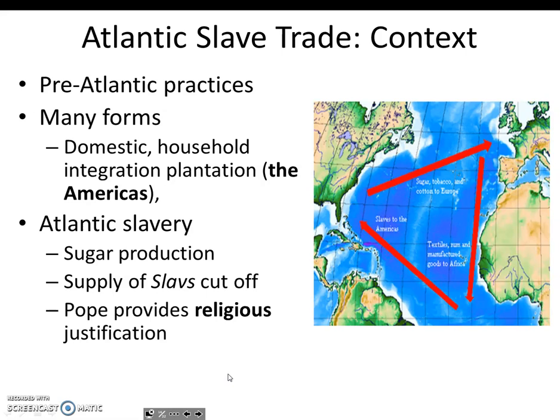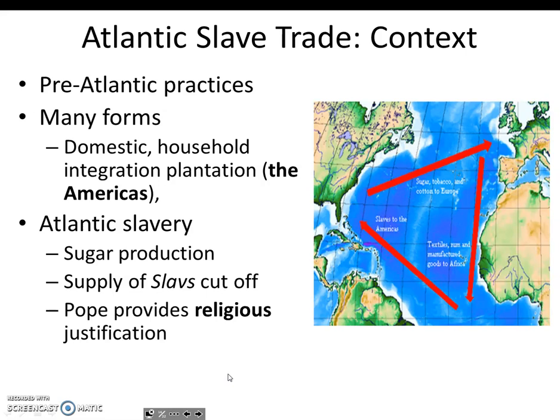The first plantations were set up in the Mediterranean, then on the coast of West Africa, and eventually on islands just west of Africa. Now, sugar production is really the first modern industry where you had major capital investment, different technologies, disciplined workers, and a mass market. And this is dangerous and difficult work.